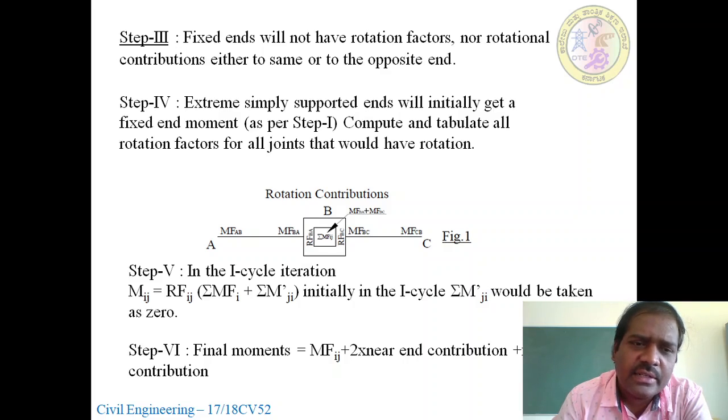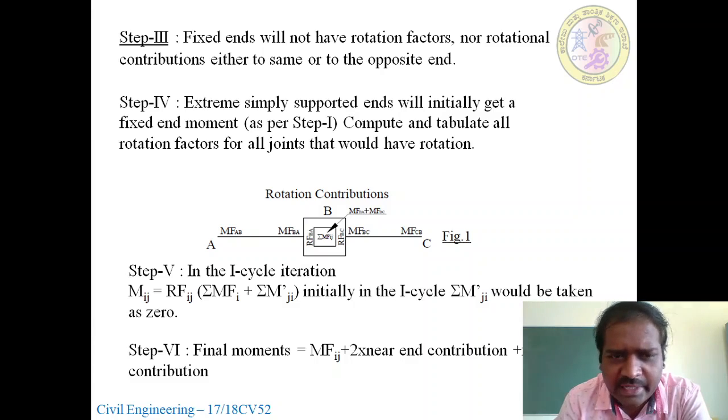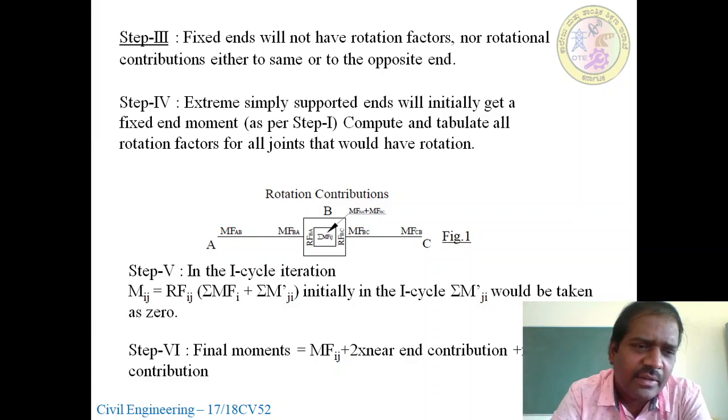The next, how to take the iterations? We have an equation here. Mij is equal to rotational factor, that will be the final moment, contribution moment. Mij is equal to rotational factor of ij, summation of MFi, meaning summation of fixed end moments at the particular joint, plus summation M dash ji, that will be the far end contribution moments.